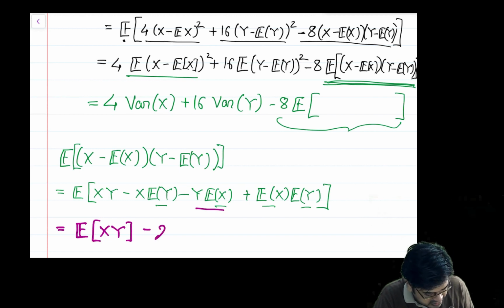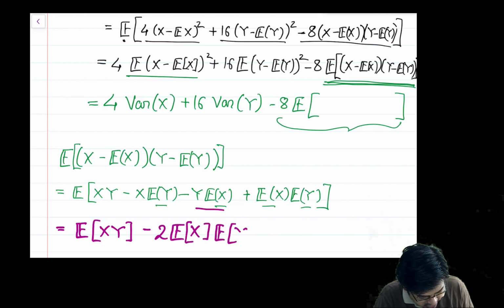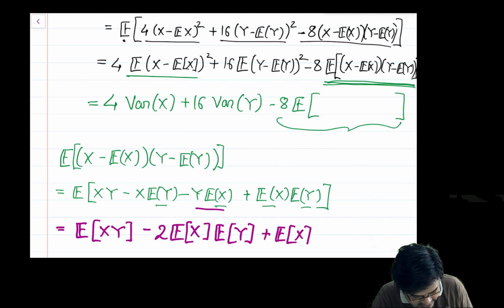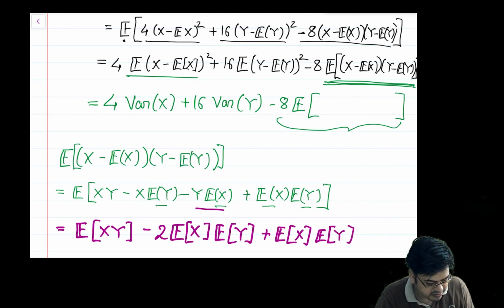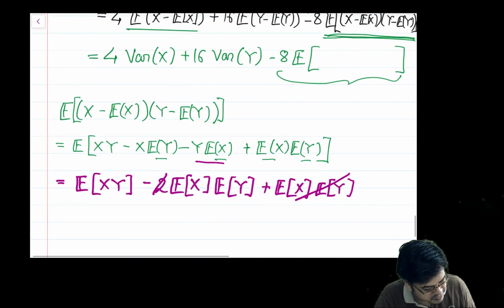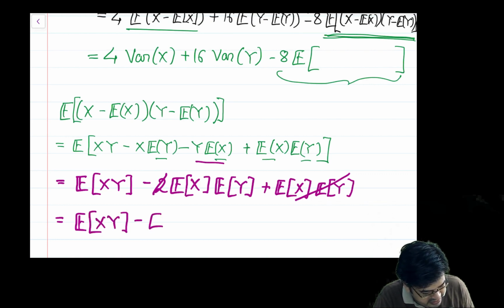So I will get minus 2 times expected value of x into expected value of y plus expected value of x into expected value of y. Good. So this minus 2 will cancel off with this, and you will get this expression, which is equal to expected value of xy minus expected value of x into expected value of y.